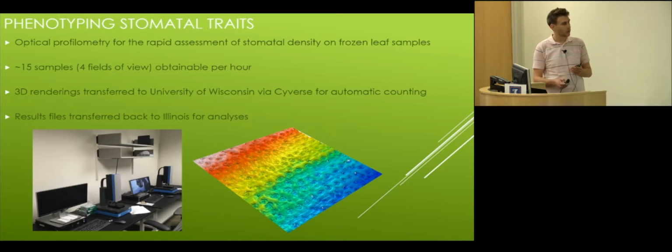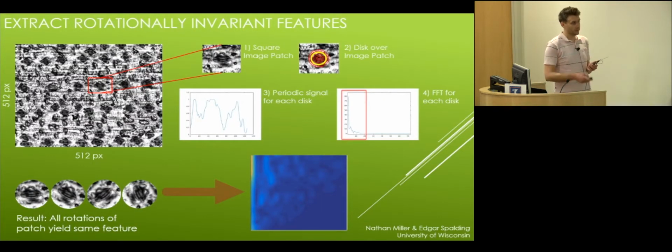So to Nathan's machine learning counting algorithm. What we need to be able to do is count the number of stomata in these patches and identify the density within each patch. So we need to be able to extract features such as stomatal width that distinguish things that are stomata from things that aren't.